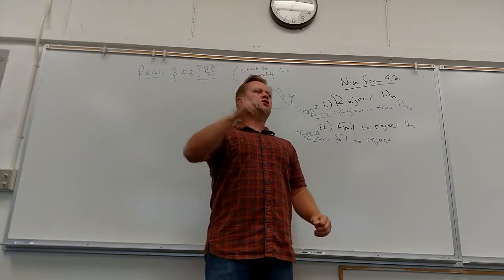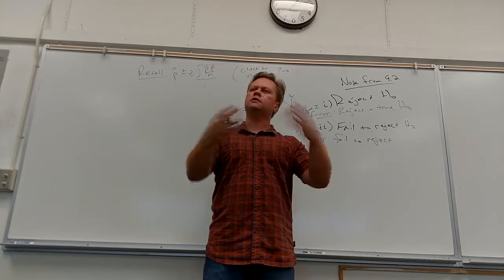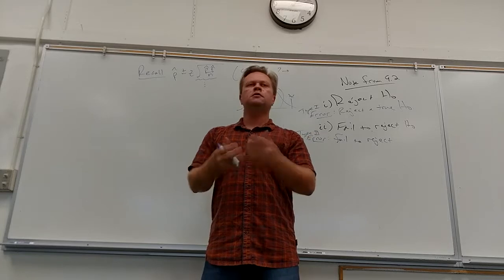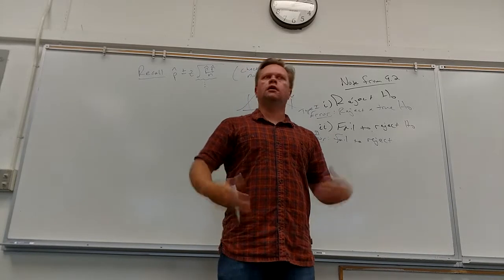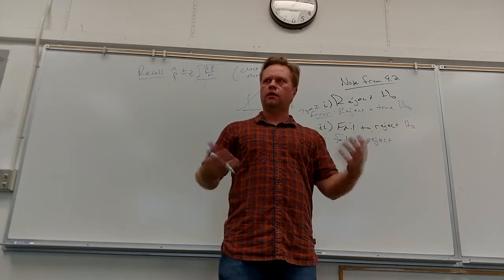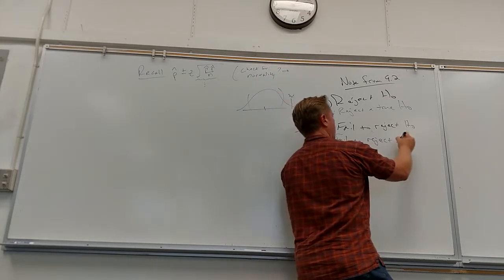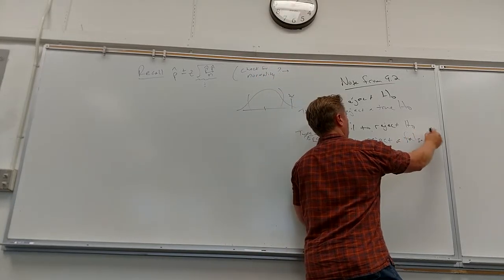So if I fail to reject a false null, that's an error. It's not a mistake we made in calculation. It's just inherent in the way things work. So fail to reject a false null.